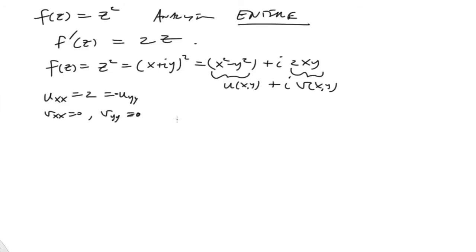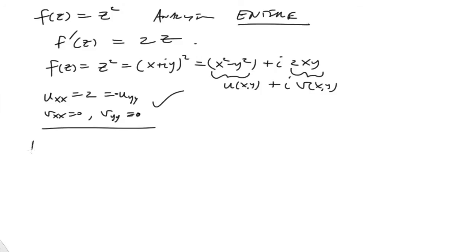Of course, 0 plus 0 is also 0, and so this checks out. This is an analytic function, and we have the observation for this particular example that the u and v are harmonic functions. This is a nice example. So let's now go over another thing.